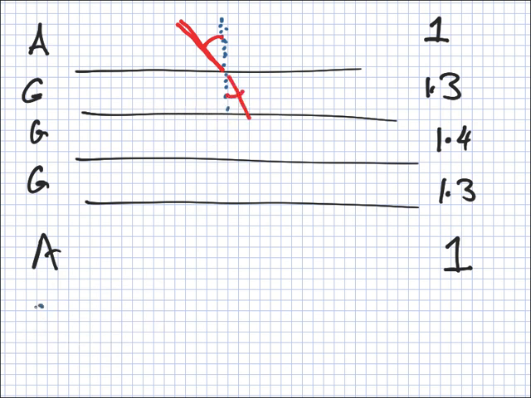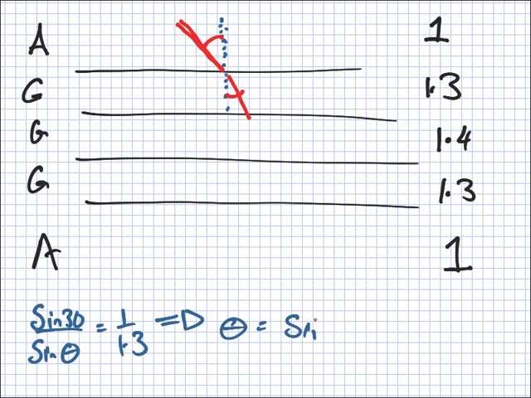So, using our formula, it's sine 30 over sine theta equals 1 over 1.3. So then that means theta is sine inverse of sine 30 over 1.3. So what's that here? 22.6.